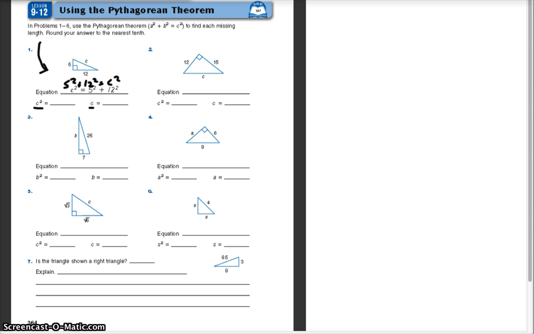However, looking at number 3, right here, we're trying to find the length of one of the legs. So this problem is going to look a little bit different. I'm going to use the a squared plus b squared method. So if we're trying to find b, a would be 7. So I'm going to have 7 squared plus b squared equals 25 squared.